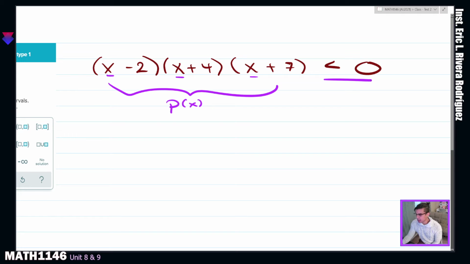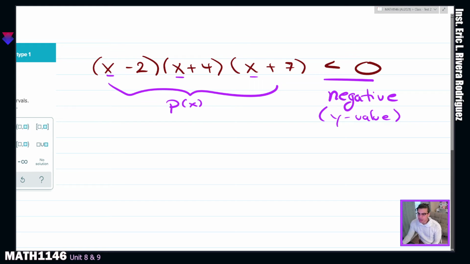So what's the meaning of this? Less than 0 is negative. Okay, and negative what? The y value is going to be negative.